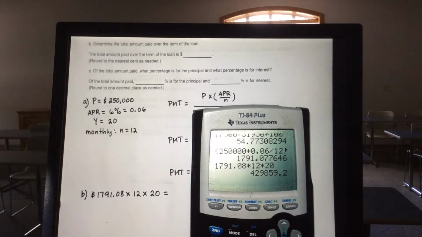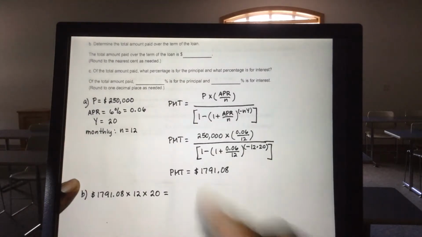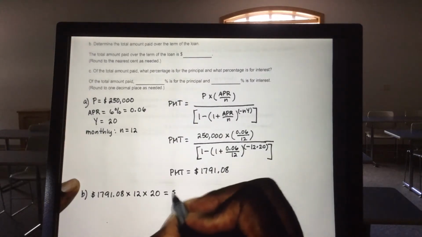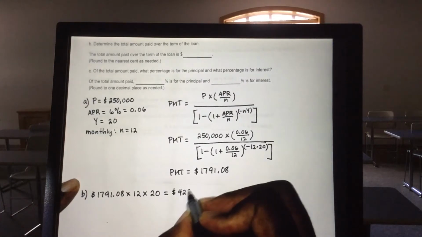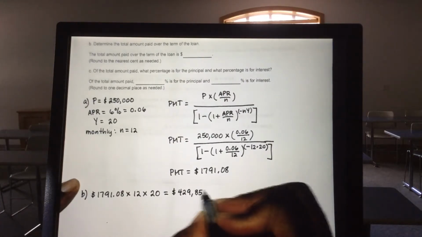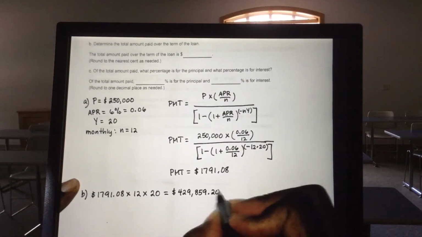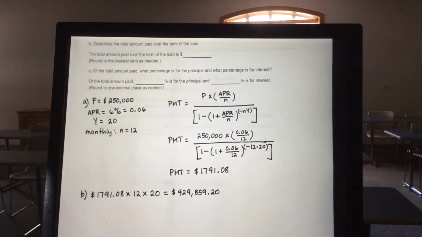This will be $429,859.20. Okay, that will be the total amount paid over the 20 years of that $250,000 loan.